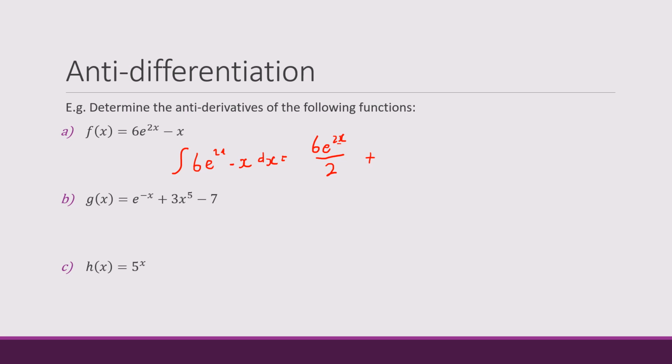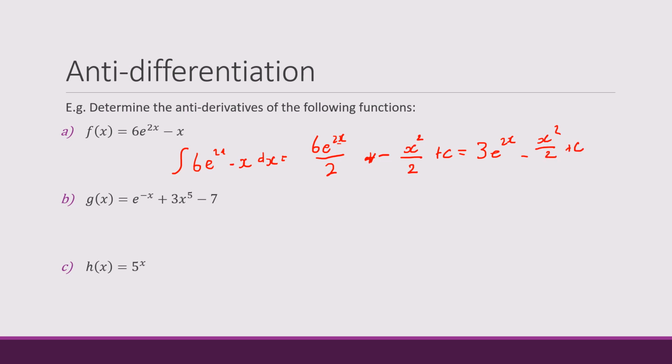And then it's not plus, it's subtract. We've got x to the 1, so plus 1 makes that x squared. Divide by the new power, add c, always add c. To simplify, that's 3e to the 2x minus x squared over 2 plus c.